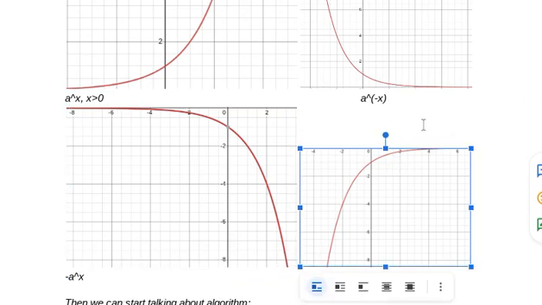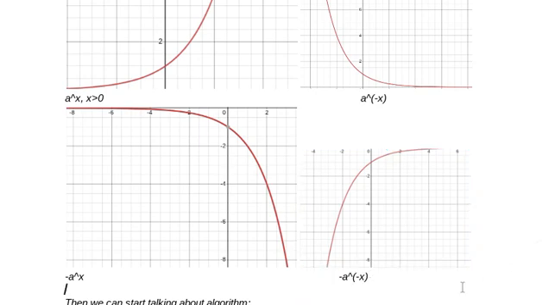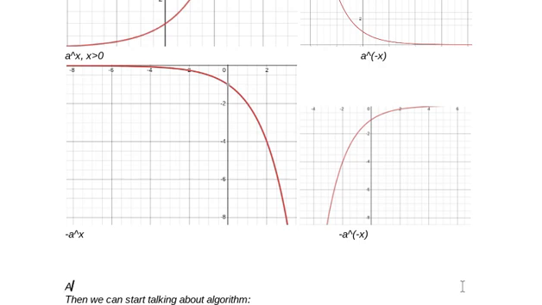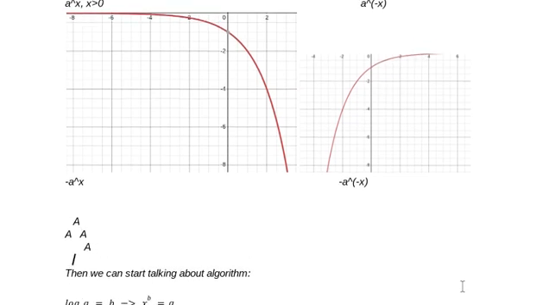If the base is a negative a, it will be something like this. It will be in a curve, in a wave, that will have its magnitude increase for every single swing going down and up.